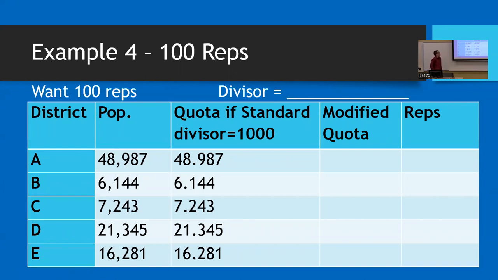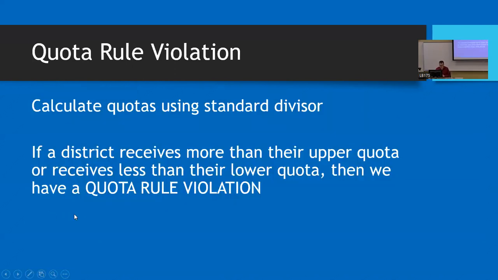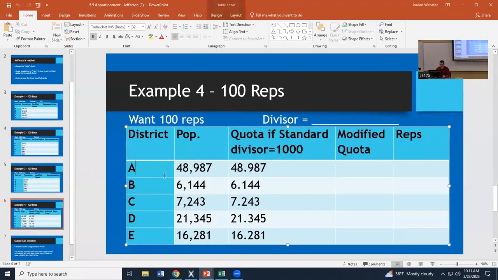Now, in example 4, I'll do this fairly quickly. This is a 5-district example where I want to have 100 representatives represent the 5 districts. Okay, and I'm going to copy this table onto a Word document like we've been doing.